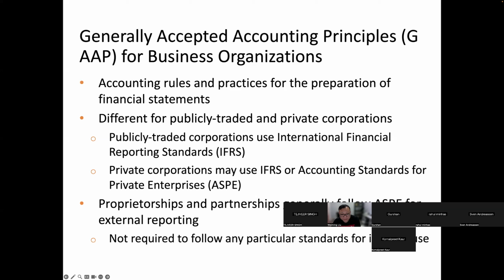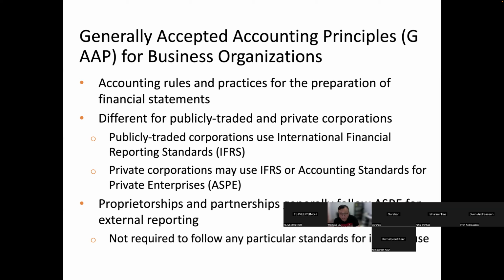However, private corporations could use Accounting Standards for Private Enterprises, ASPE. The reason for that is there are a limited number of external users. Because their shares are not traded publicly, the owner probably only needs financial information to present to the bank, to ask for loans. So the external user would be mostly the lender, the banks.